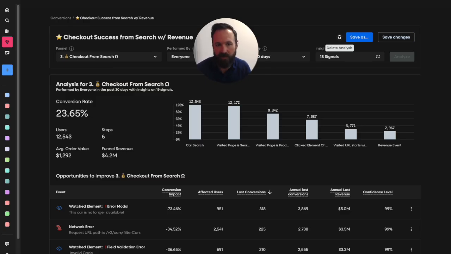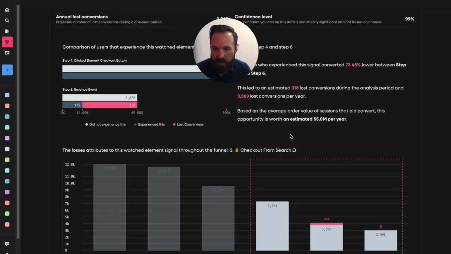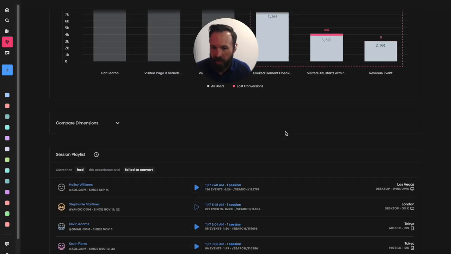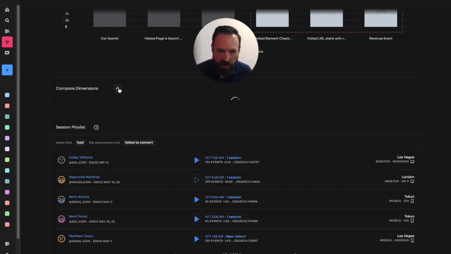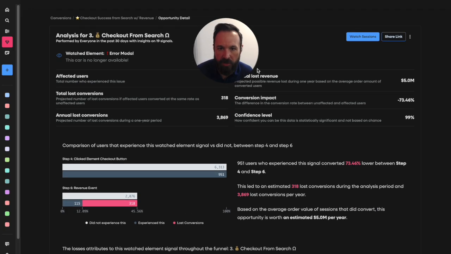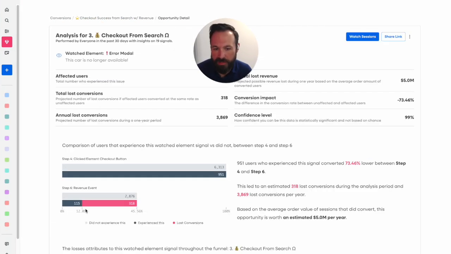I can say after I've been using dark mode for a couple of days, this doesn't bother me anymore. But right off the bat, there's just something about it that doesn't feel as much like a report, which is just a personal preference thing. So here's dark mode on conversions. I might give conversions a slight edge to light mode.